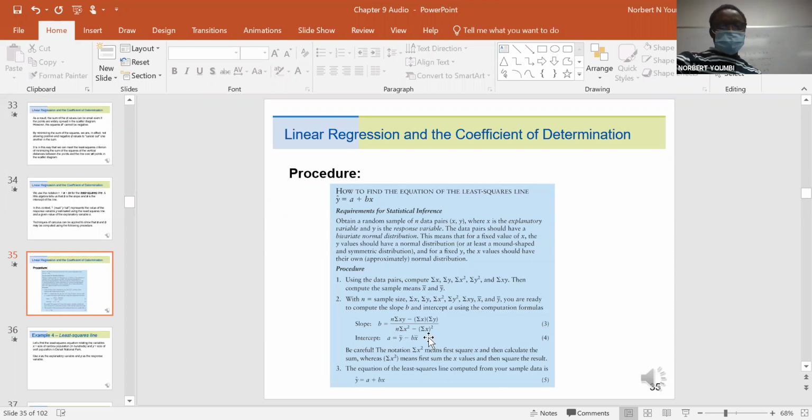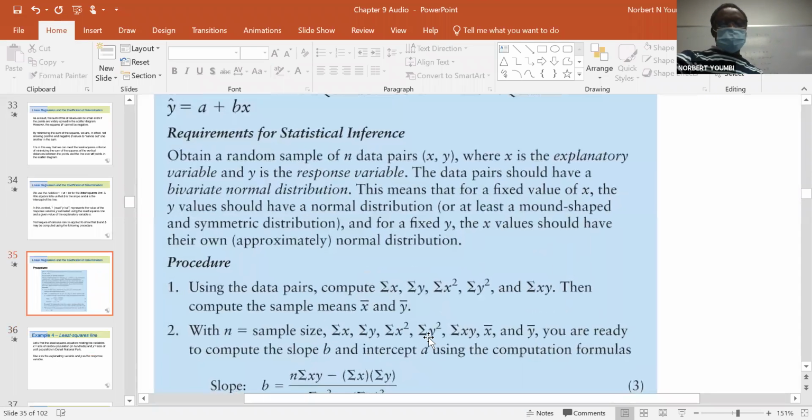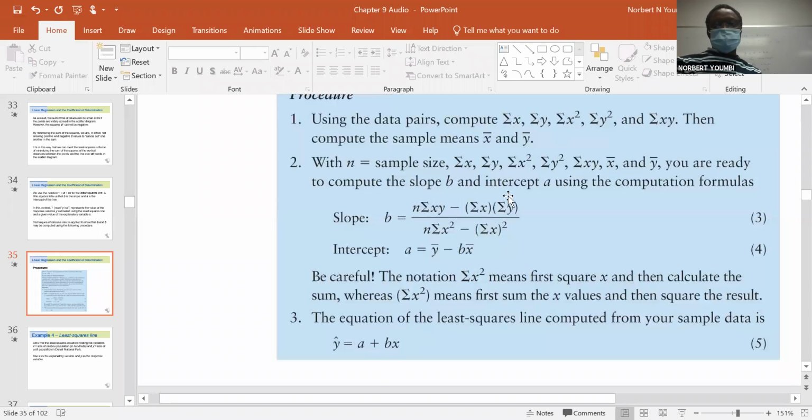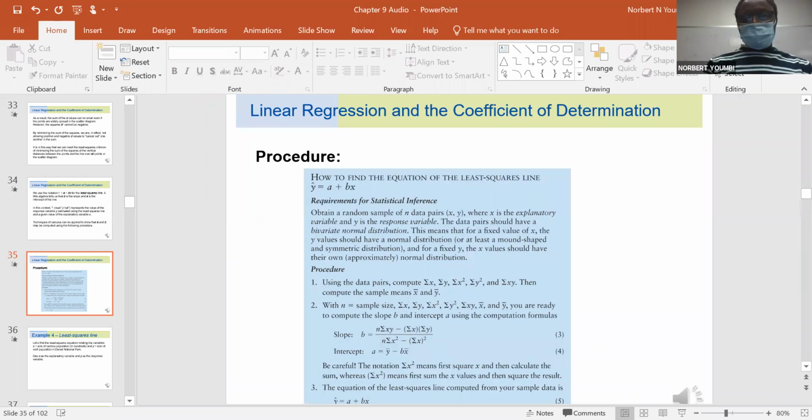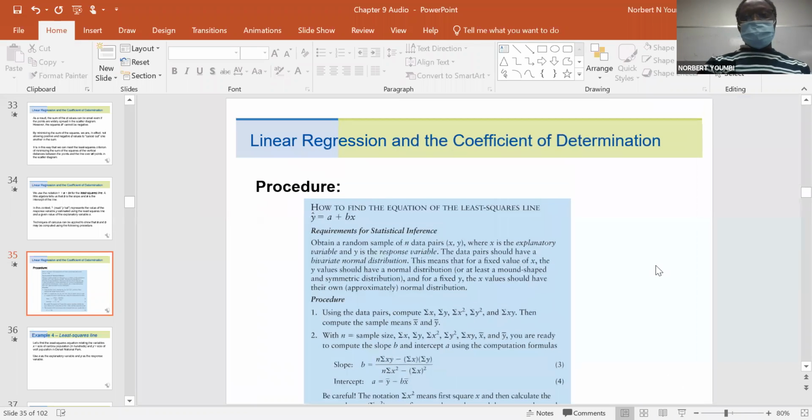So you can see the formula for B here. And when you have B, you use this equation to find A. We get it from our calculator. So I want us to use calculator now.